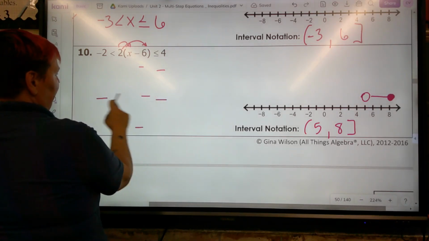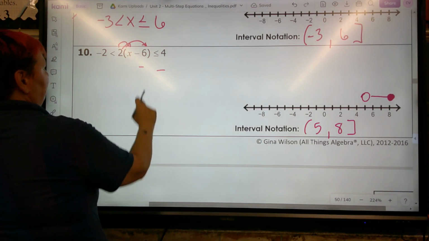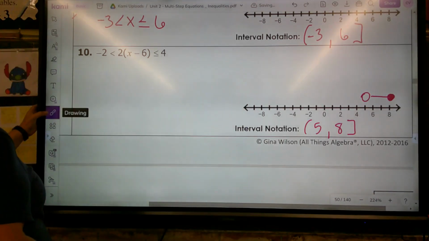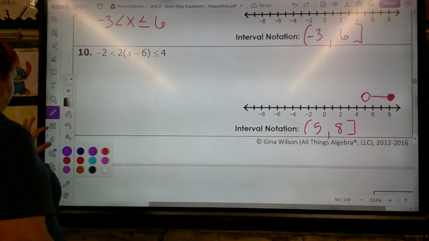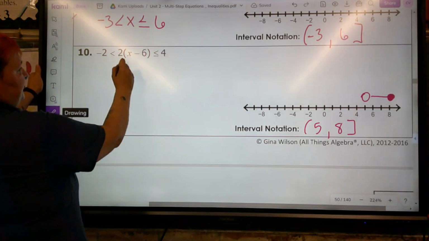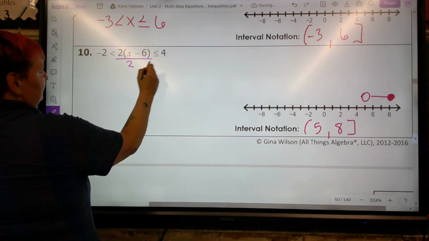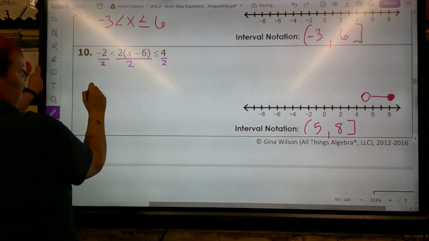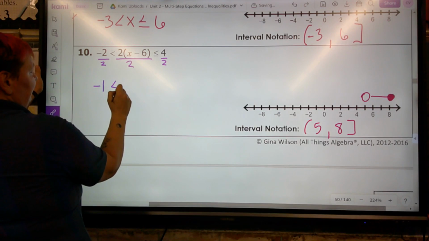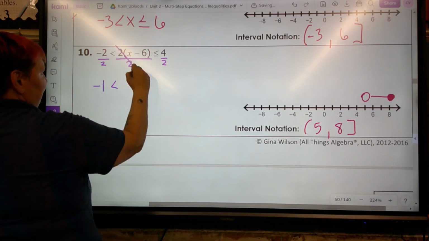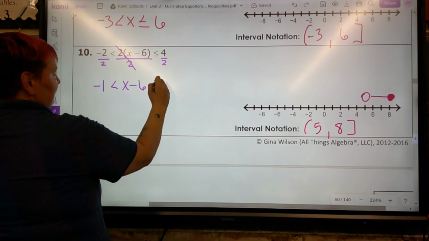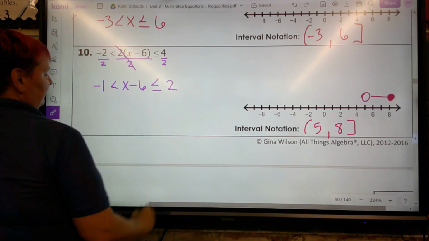So if you don't want to distribute, to get rid of this 2, you divide it by 2. Divide everything by 2. So now you have negative 1 less than x minus 6 less than or equal to 2.